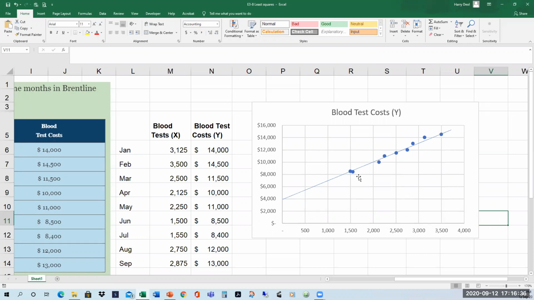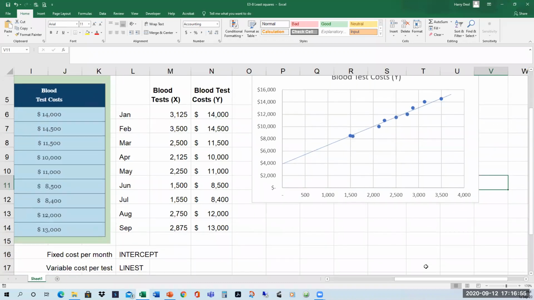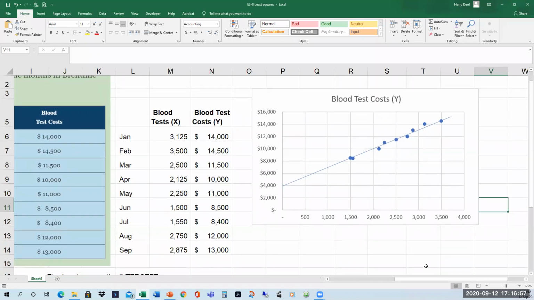But I'm sure you would be kind of murmuring to yourself, man, that just seems like a lot of work and it's possibly also imprecise. What if you make mistakes and so on? And that's exactly the point. So if you are going to be using just 2 data points for your work, then you might as well use high, low, and be done. What's better is to try to fit a least square regression line.